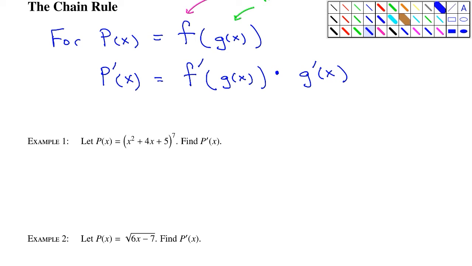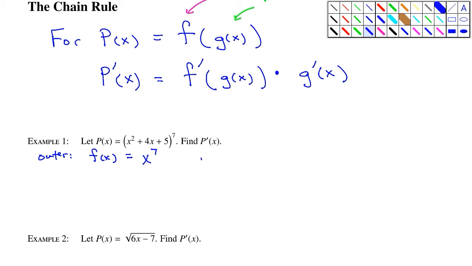Example 1 says, let p of x be equal to x squared plus 4x plus 5 raised to the 7th. If you had to think about what the outer function is, and we'll call that outer function f of x, what would that be? Well, as a function, you are taking something and raising it to the 7th power. So that would be x to the 7th.